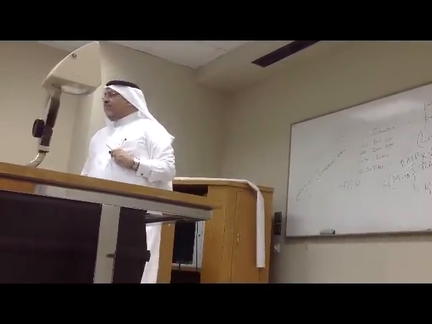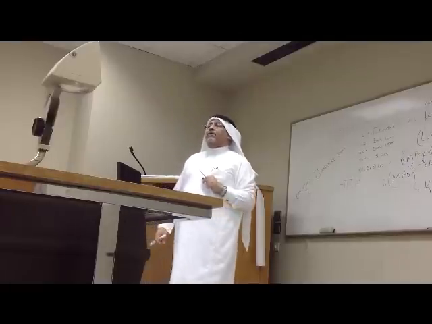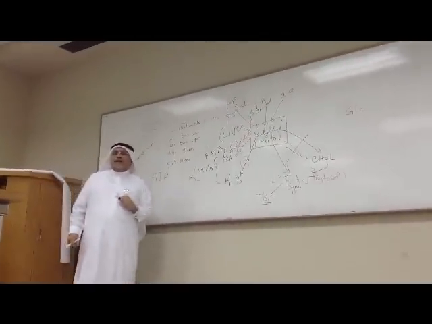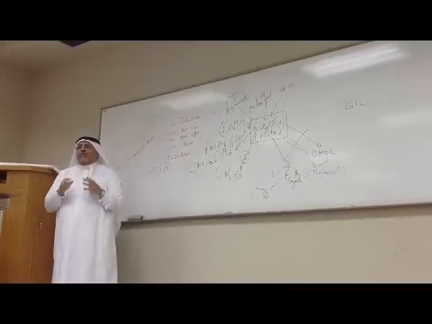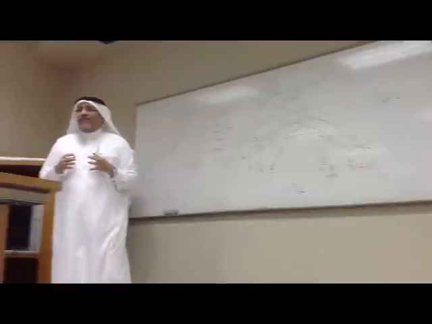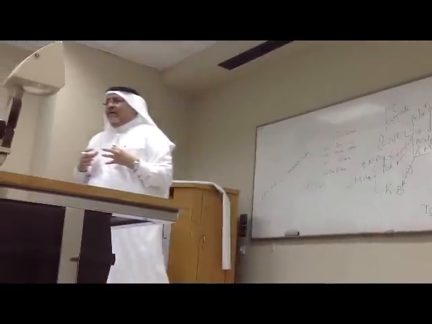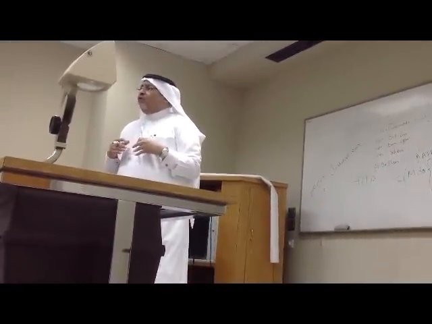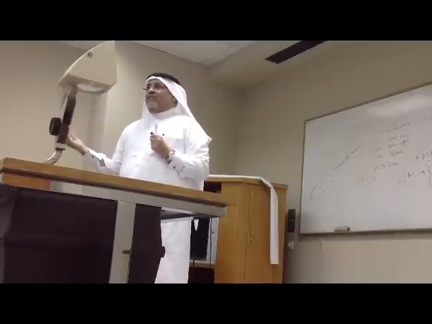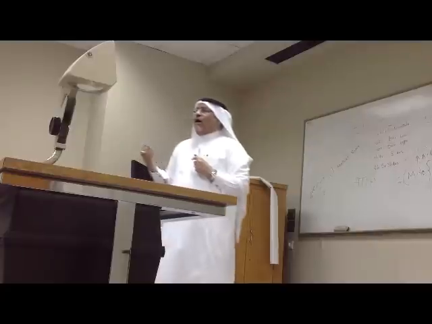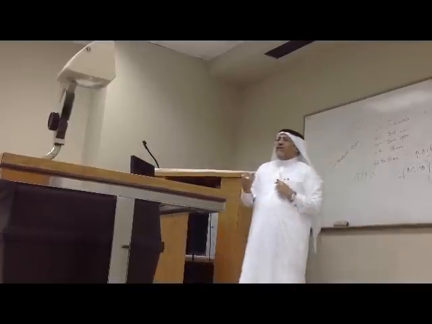Why the liver? Anybody knows? It is the central organ for controlling the whole metabolism of carbohydrate and fat. You will see, I think, in the cardiac module, how cholesterol is metabolized through the liver.